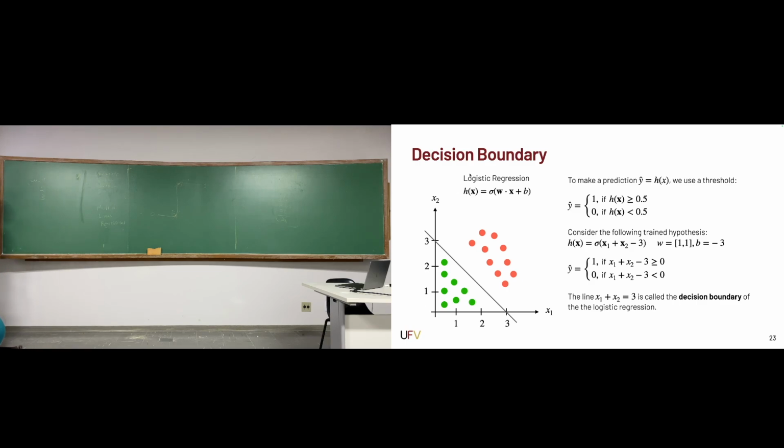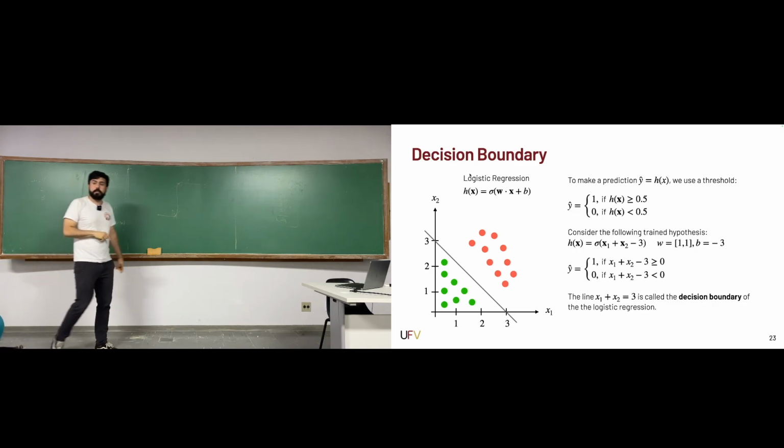If you now plug this trained model into our threshold function, the prediction is going to be 1 if x1 plus x2 minus 3 is greater than or equal to 0, and 0 otherwise. So this line here, x1 plus x2 equals 3, which is the line you're seeing here, is the decision boundary of the logistic regression.